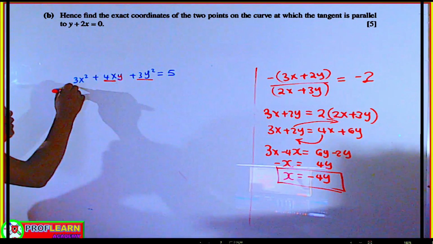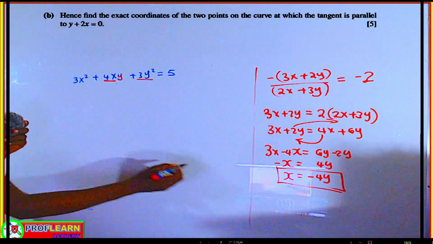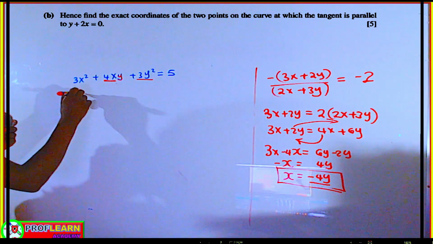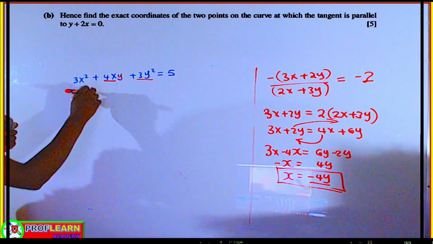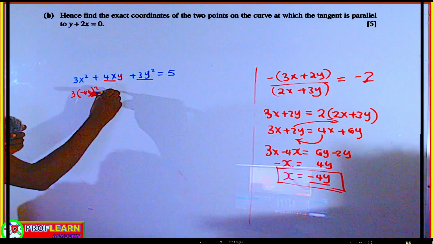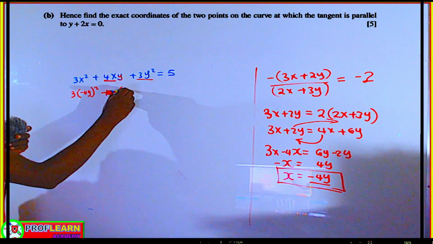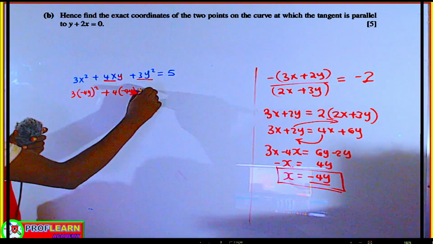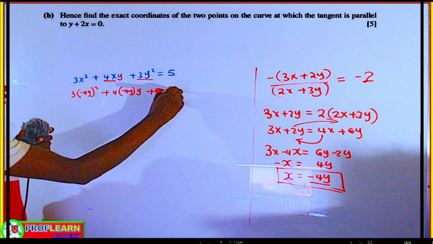So this is actually 3x squared, but x is negative 4y. So we're going to say 3 into negative 4y squared, plus 4 into negative 4y because of this x, then we shall have our y there, plus 3y squared is equal to 5.